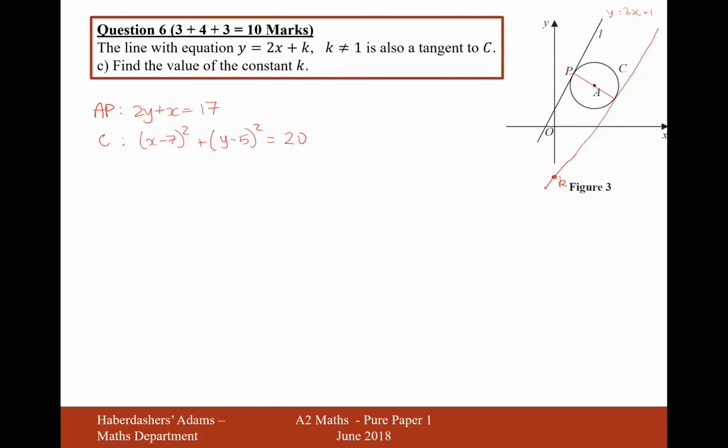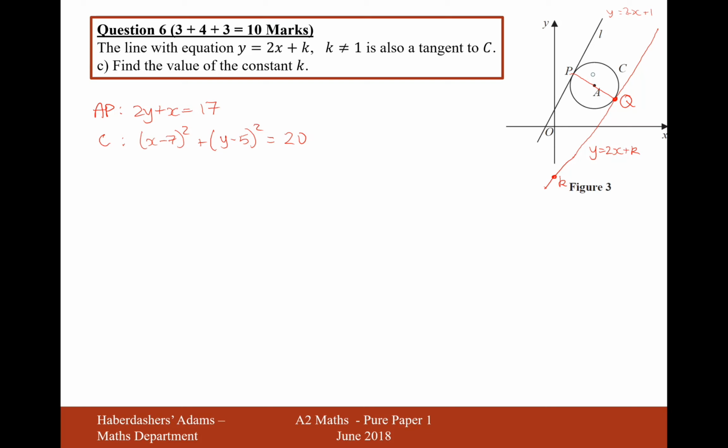Okay, so how am I now going to move forward with this question? Well, what would be really helpful to know is this coordinate here. That's coordinate P, so I'll call this one coordinate Q. What I've got here is the equation of the line AP, that's 2y plus x equals 17, and then this is y equals 2x plus k. We're not too sure what this k value is, we need to work that out.